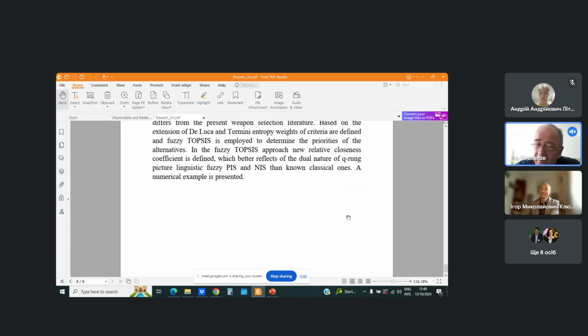Yes. So, of course, the specialists should choose with which criteria to work. Because even here, maybe there are other criteria against which these alternatives are not distinguished.